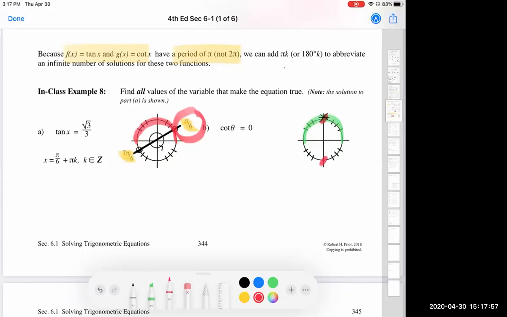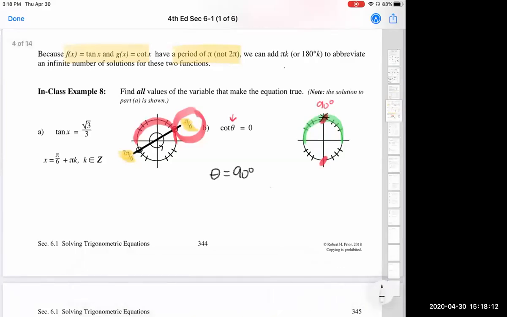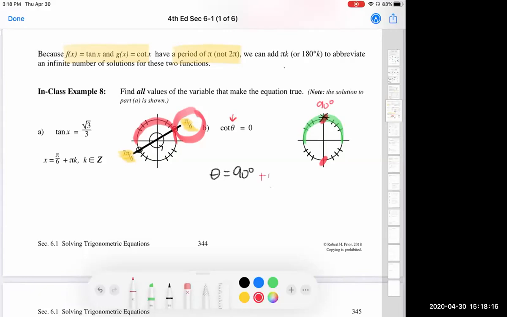So therefore, our answer would be 90 degrees. We're using degrees and not radians because we have a theta. So my answer would be theta is equal to 90 degrees, and we have to write that k argument, plus pi times k, where k is contained in your integers.